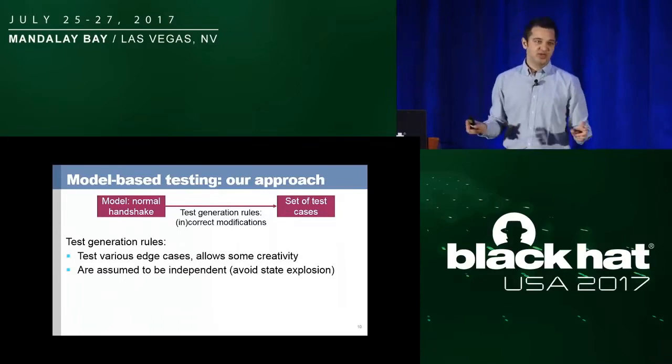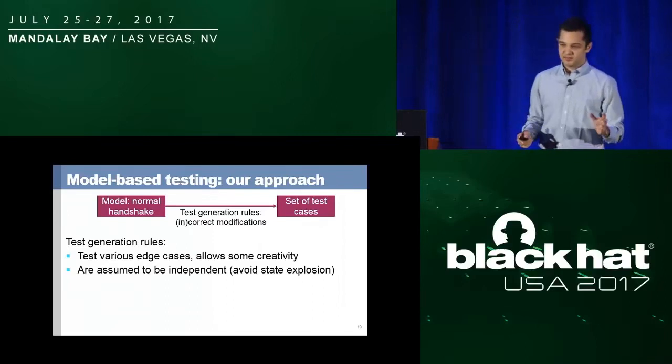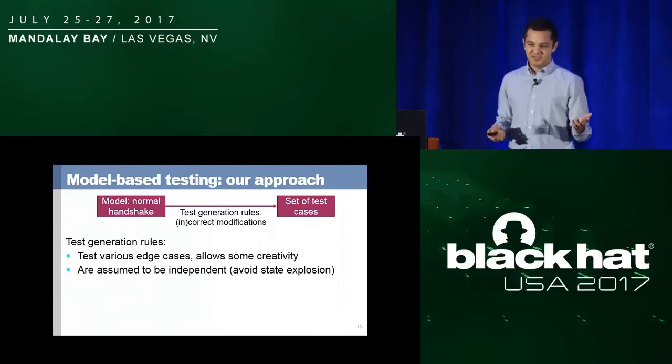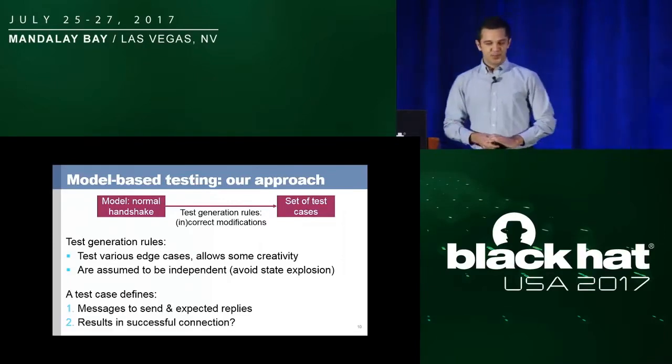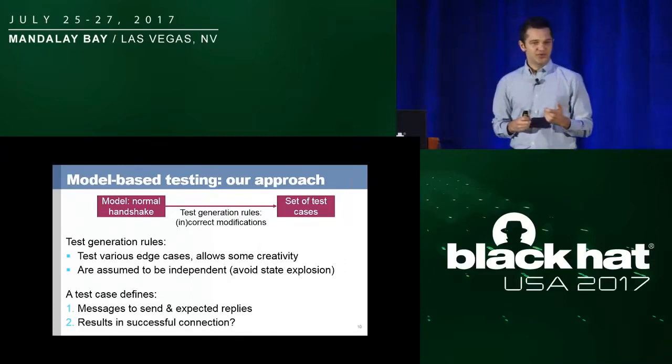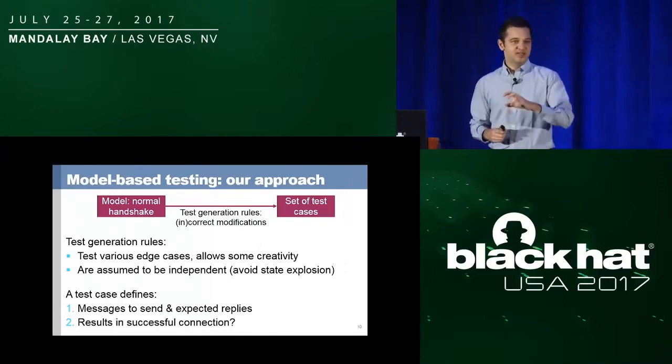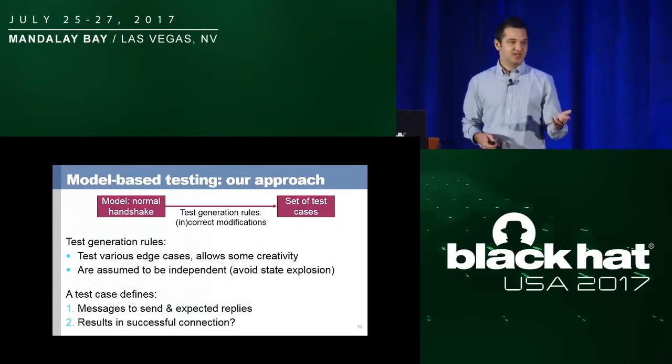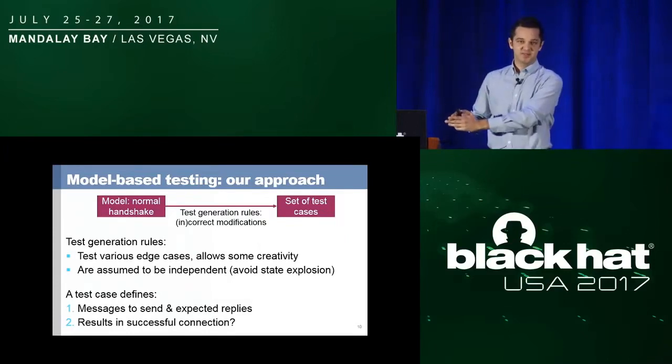So we're going to assume they're independent. This is a limitation of the approach, and we're working on removing this limitation, but currently that's what we're doing. So once we have our test generation rules, we basically apply all these test generation rules to our model, to our normal execution of the handshake, and we end up with a test case.